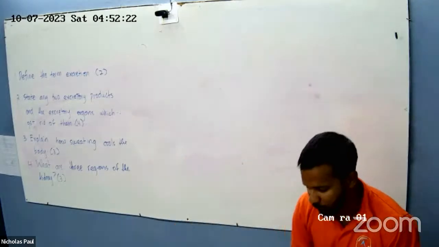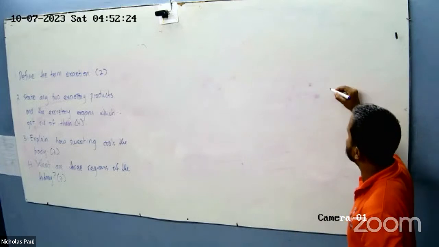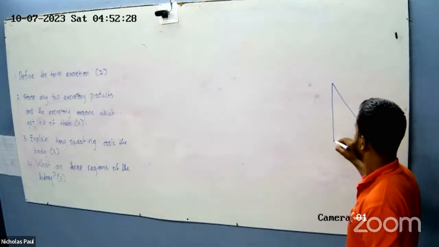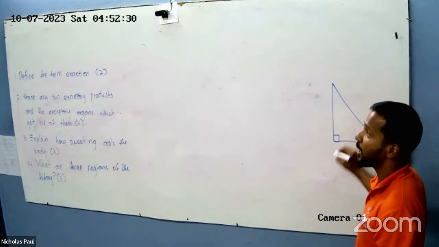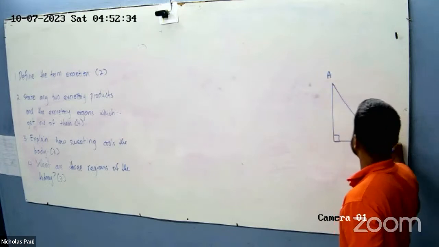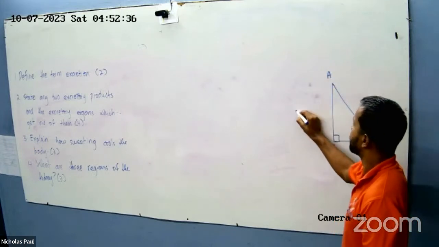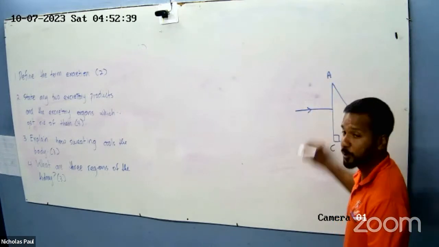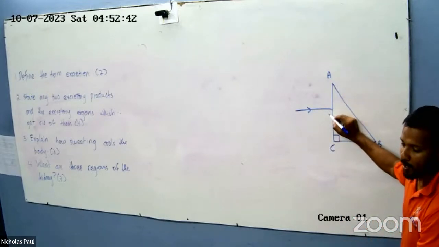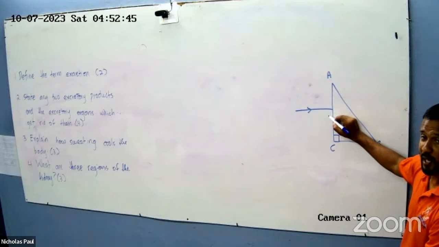Right, just one thing I want to show you here. If we have this triangular prism, we need to be able to explain what happens as the ray travels through it. Watch here.